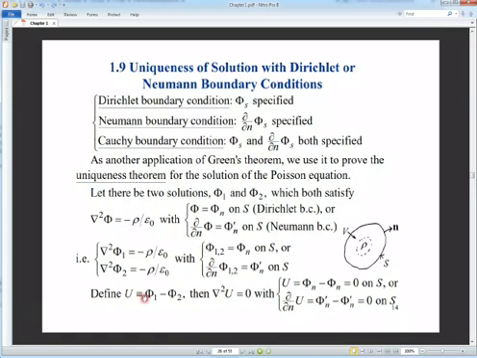Define u as phi 1 minus phi 2, then the Laplacian of u is equal to 0, as you know. I mean u is equal to phi n minus phi n, which is equal to 0, and or round u over round n is equal to phi n prime minus phi n prime, which is equal to 0 on the surface.